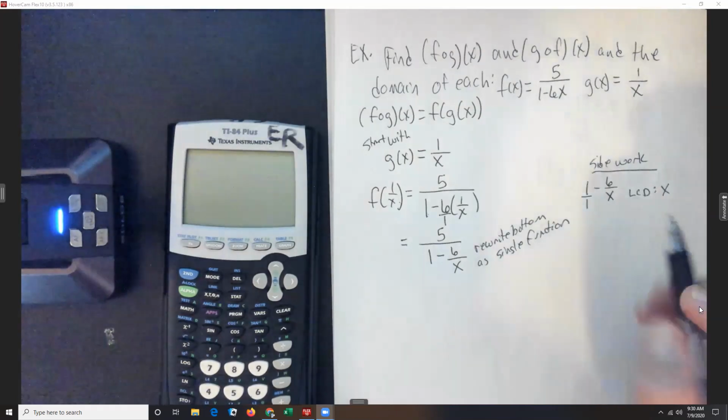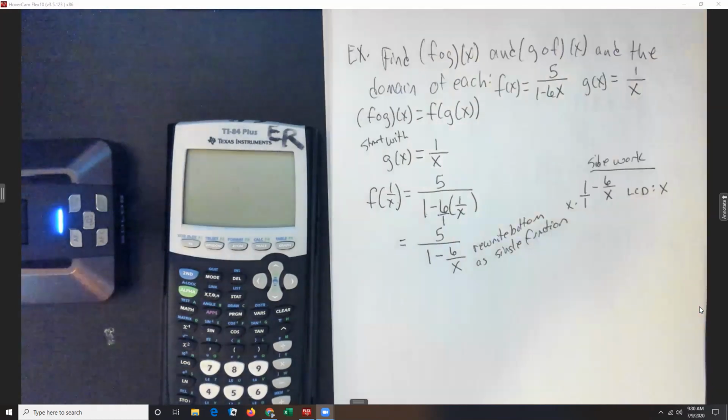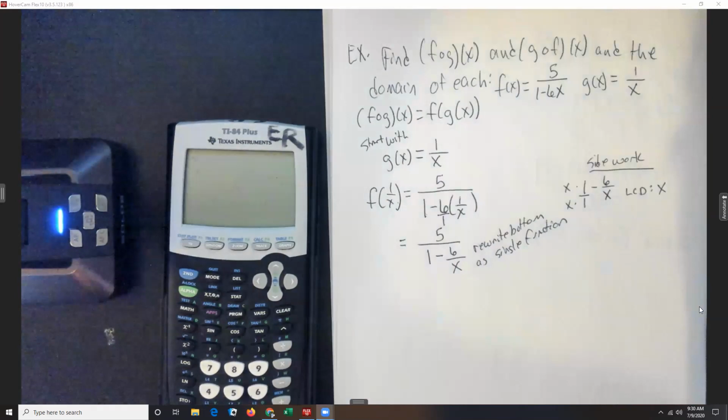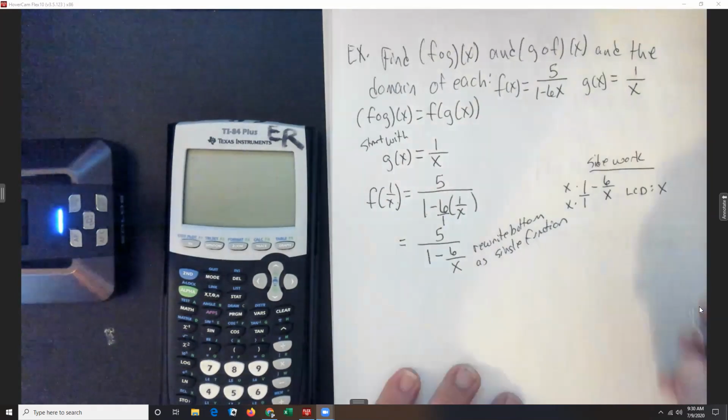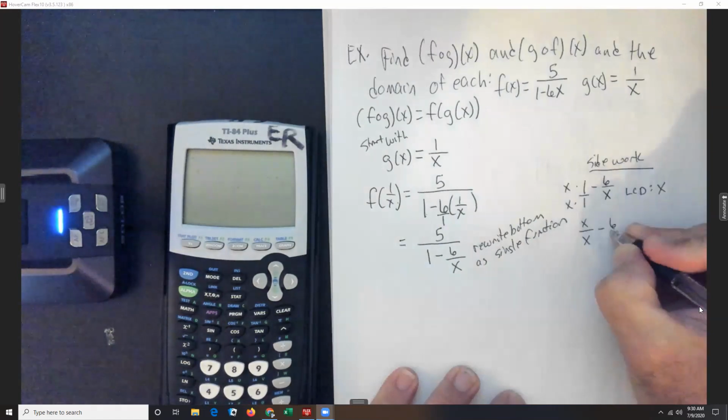So here's the thing. If you multiply the bottom times the x, you got to multiply the top by the x. So at this point, you get x divided by x minus 6 divided by x.